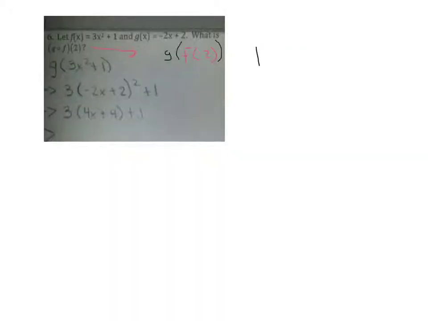So f of x, if we just rewrite this, the f function is 3x squared plus 1. So whatever that x value is they ask us to input, we're going to square it and then multiply by 3 and then add 1 to it. So the input they're giving us is a 2.